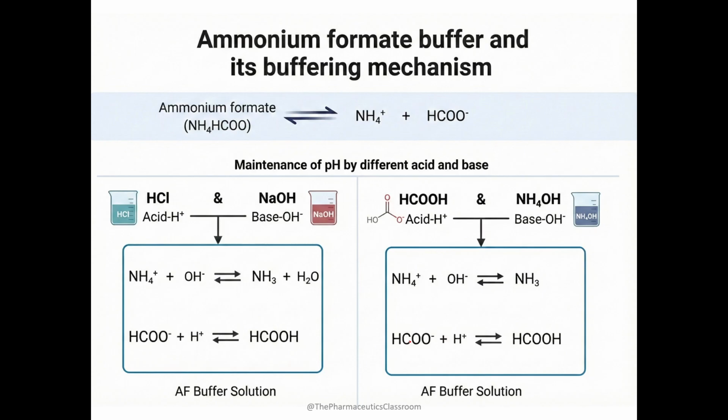In case you want to increase the pH of this ammonium formate, similarly you can take ammonium hydroxide. Ammonium hydroxide will dissociate into ammonia and hydroxyl ion. Because of this hydroxyl ion the pH will increase, and because of this ammonia your buffering capacity will increase.